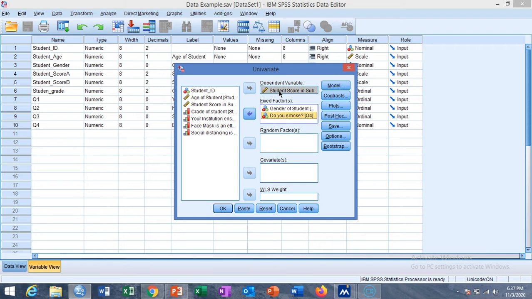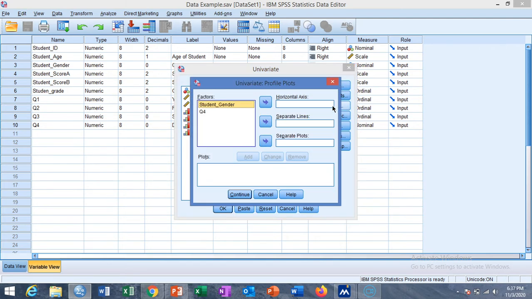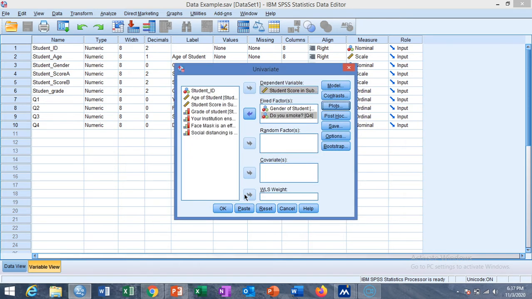So you have one dependent variable and two independent variables, and then click on plots if you want to draw the plots of scores between student gender and student smoking category, and then add and then continue.